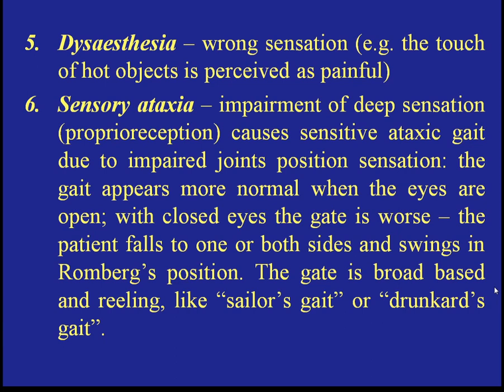Impairment of deep sensation, proprioception, causes sensitive ataxic gait due to impaired joint position sensation. The gait appears more normal when the eyes are open. With closed eyes, the gait is worse. The patient falls to one or both sides and swings in Romberg's position. The gait is broad-based and reeling, like sailor's gait or drunkard's gait.